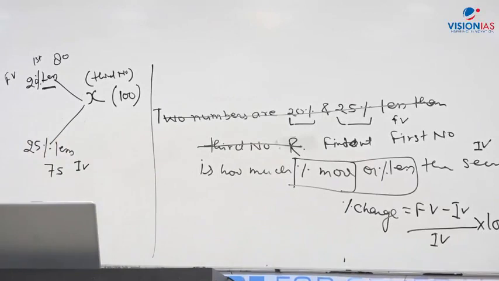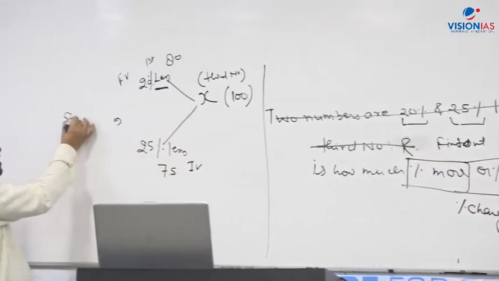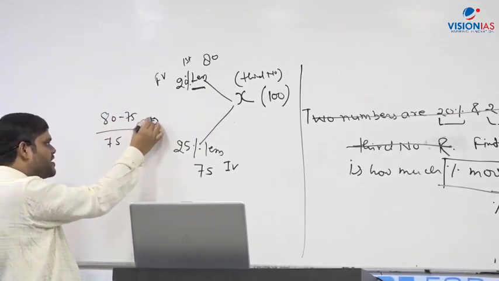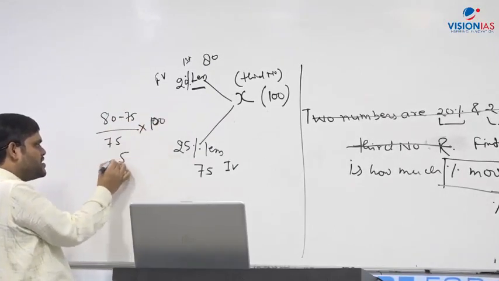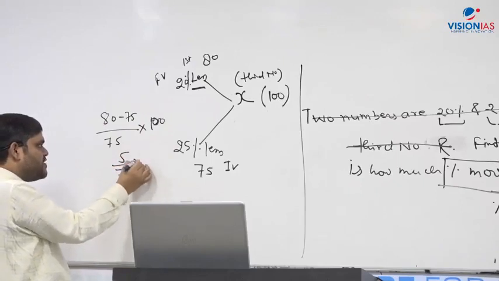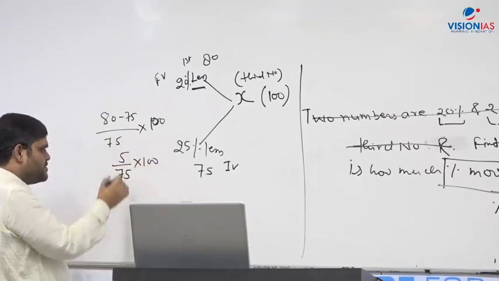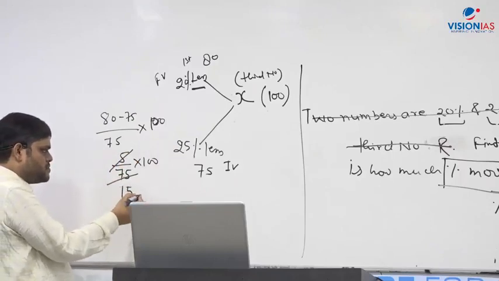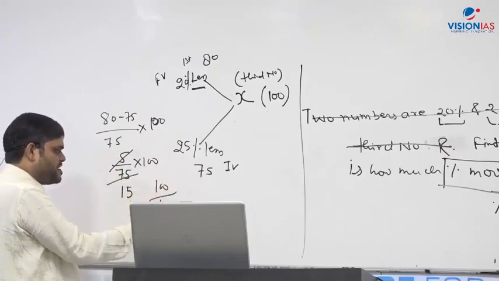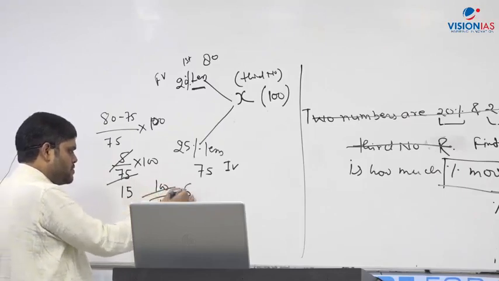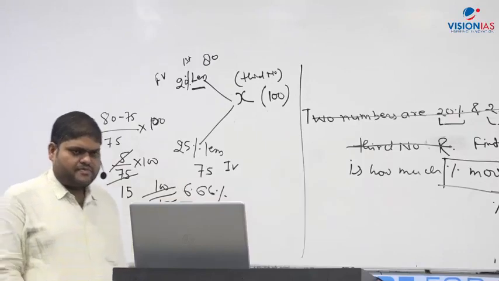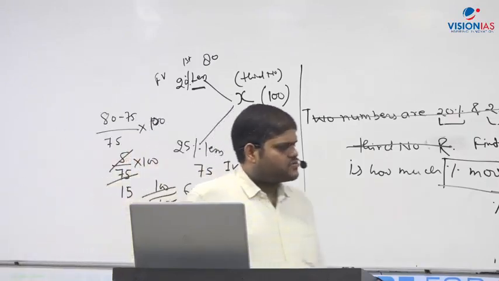So percent of change becomes 80 minus 75 upon 75 into 100. This becomes 5 upon 75 into 100, so 100 upon 15, I think 6.66. You can solve it, 6.66 or 6.67.